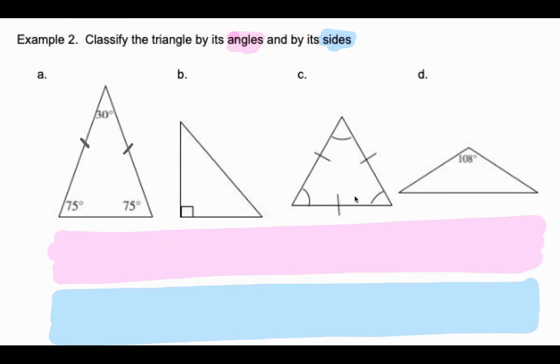When we look at the 3 angle measures in this one, they are all greater than 0 and less than 90, and that makes all of those angles acute. Since they are not exactly the same, we just have an acute triangle. When we look at the sides, we have 2 congruent sides. And when you have 2 or more congruent sides, it is isosceles.